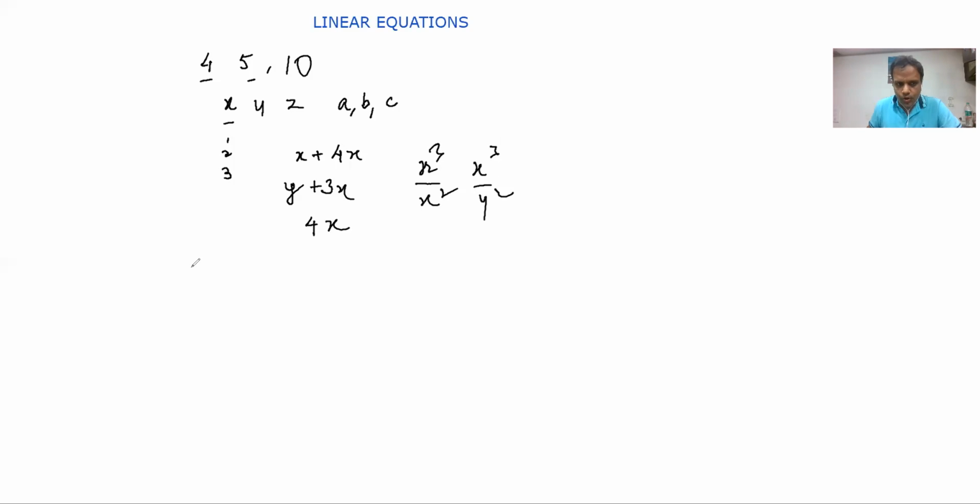Third, we spoke on the terms and degrees. For example, if it is x plus 5, then the degree here is 1. But if the term is x square plus 6, then the degree is 2, and so forth. x cube plus 7, the degree is 3.